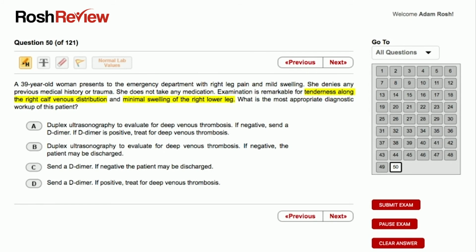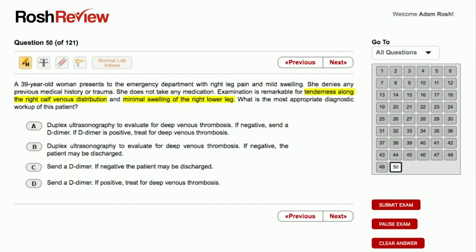If for some reason there's still clinical concern and a D dimer is sent and that D dimer is positive, that does not confirm the diagnosis of a DVT, right? Because the D dimer is sensitive but not specific.